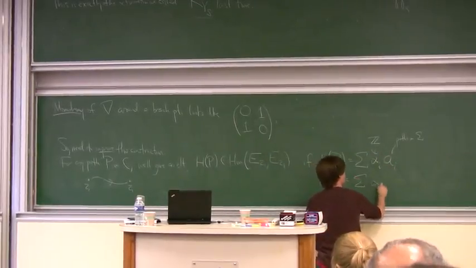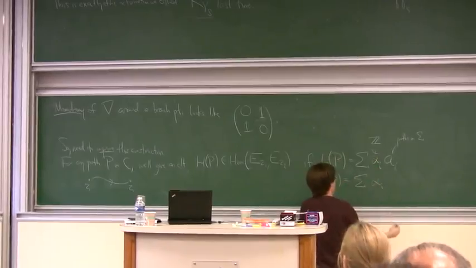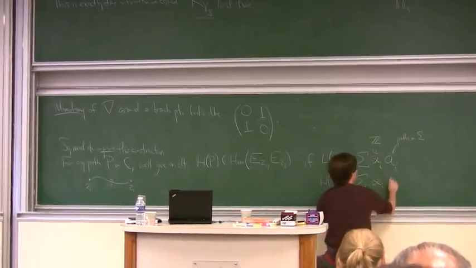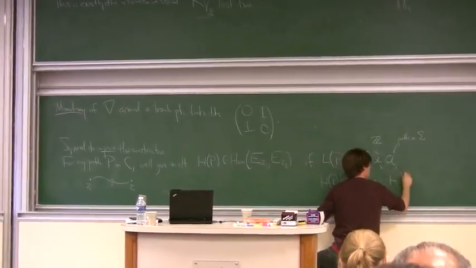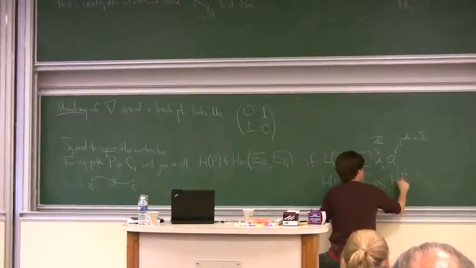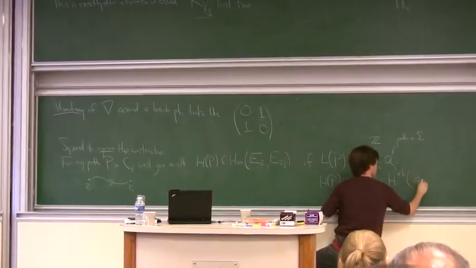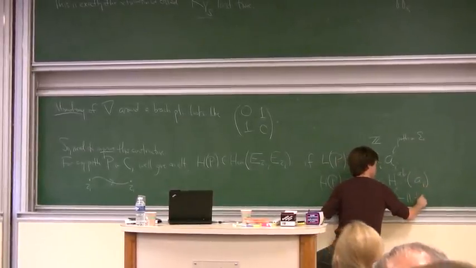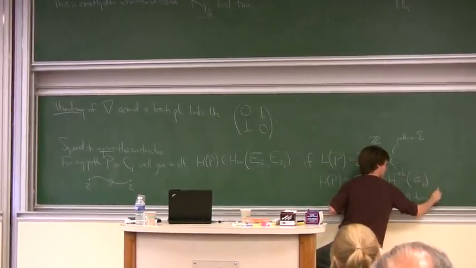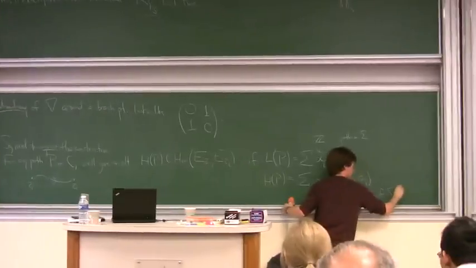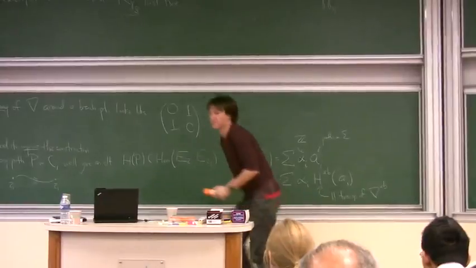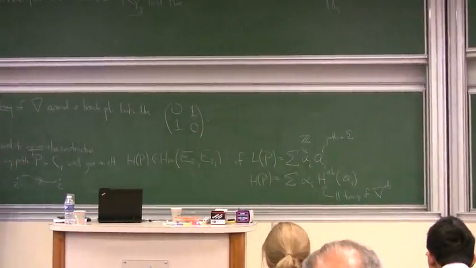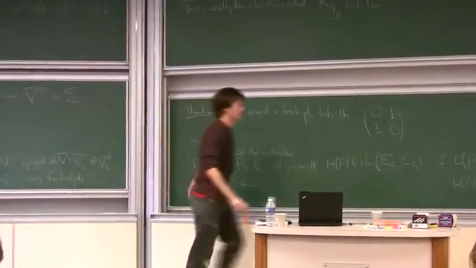So it's the sum, again with the same coefficients alpha I. So this H(P) is the parallel transport of our abelian connection, which I guess I called nabla E. So what does it mean?